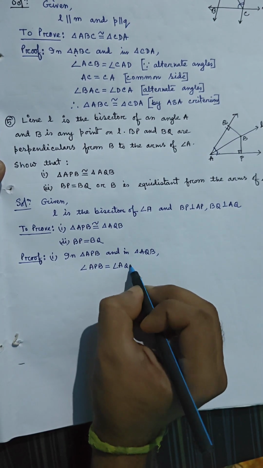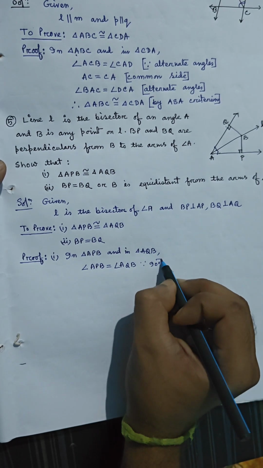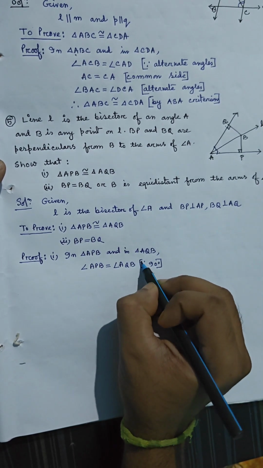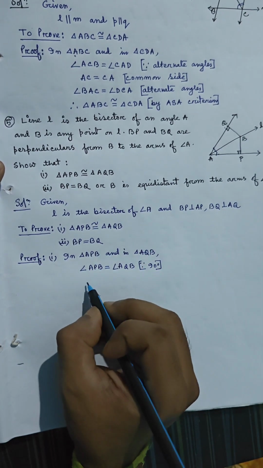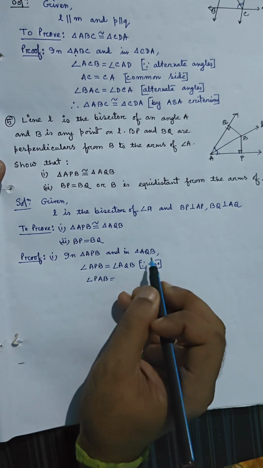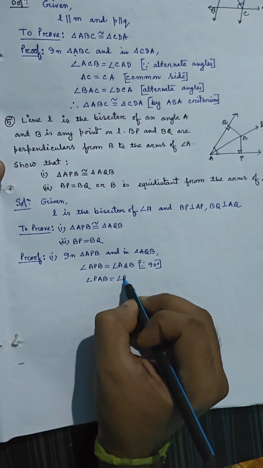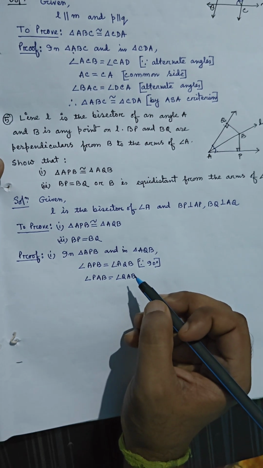Reason: 90 degrees, both of them are perpendiculars. Next one, angle PAB is equal to QAB.